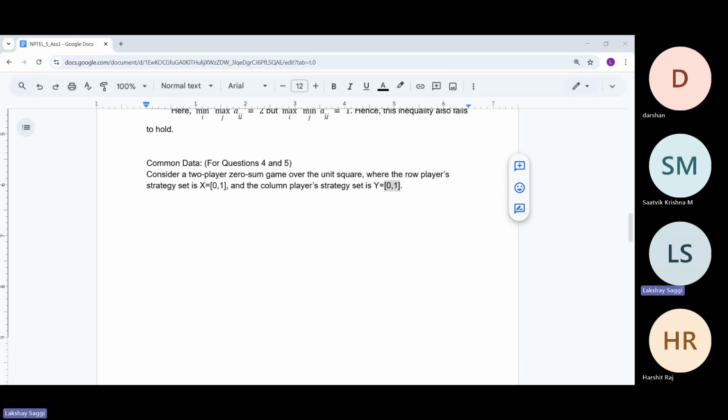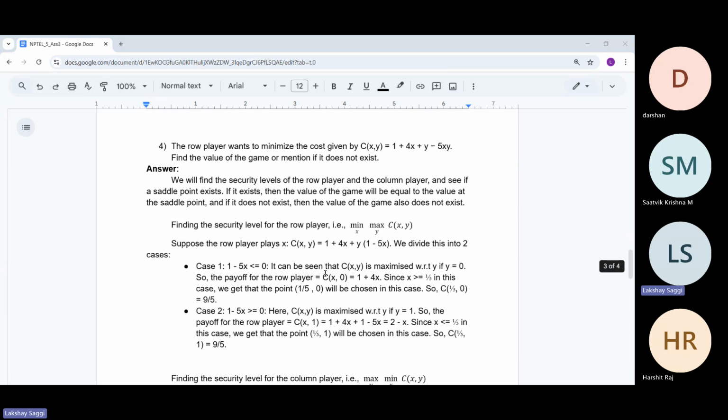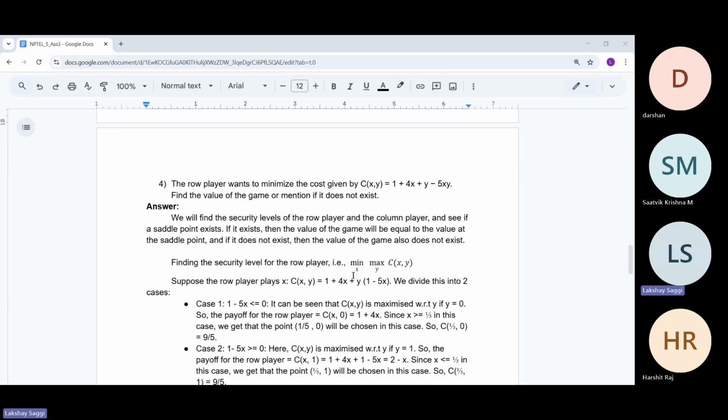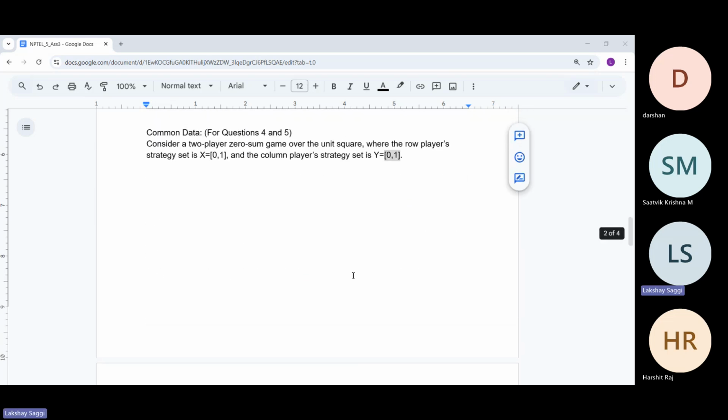Otherwise, the question would have been very easy. Because this was indeed a continuous set.